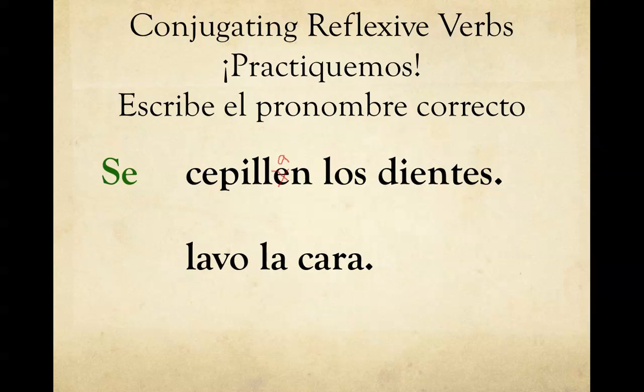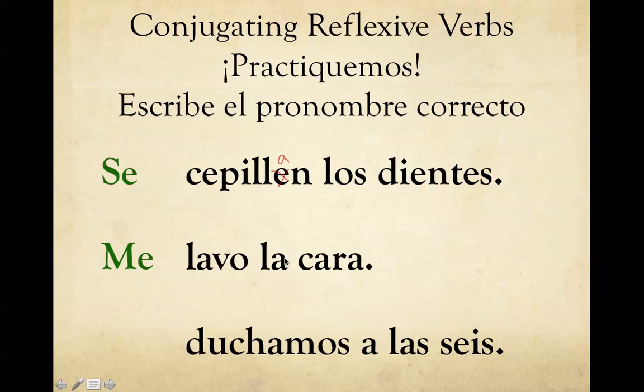Okay, lavo la cara. Now, which person is this right here? What is lavo? Me lavo la cara. Perfect. Again with la. Okay. Duchamos a las 6. The amos form, which one would that be?